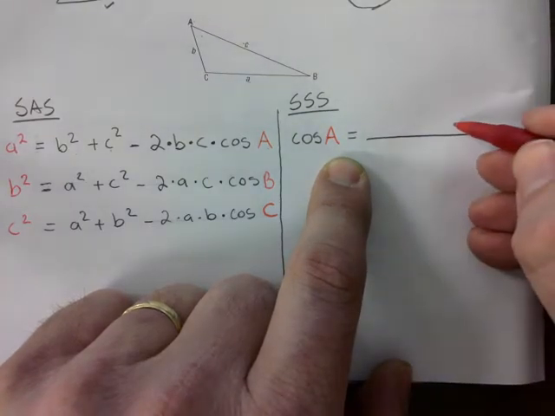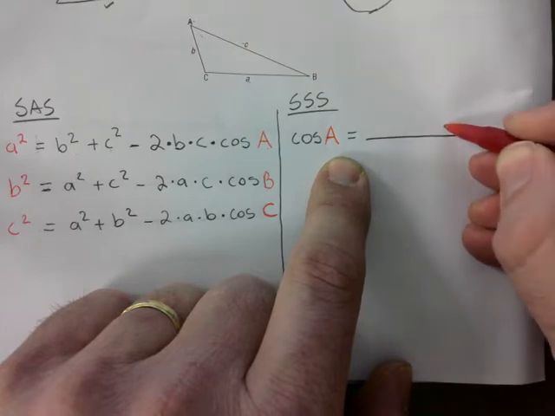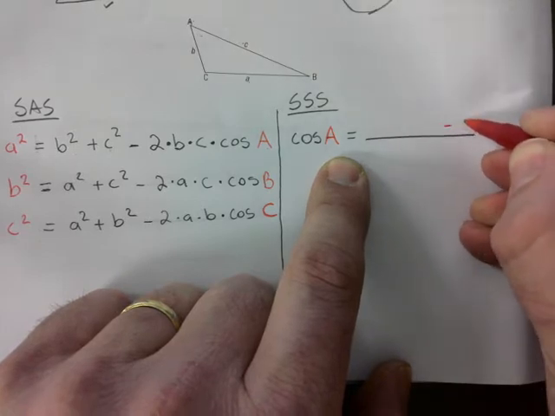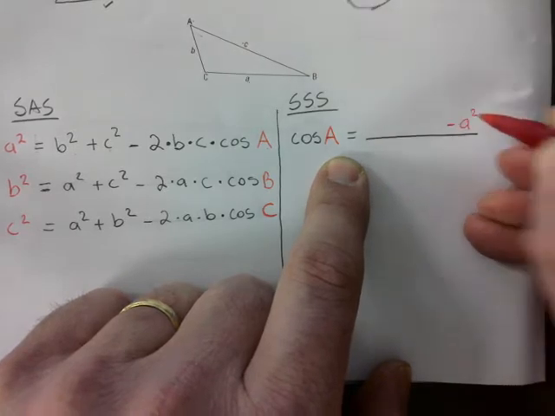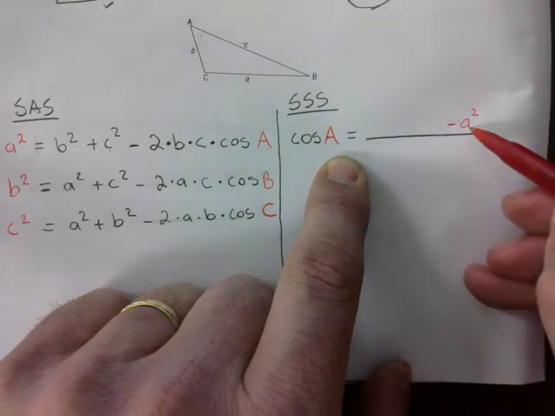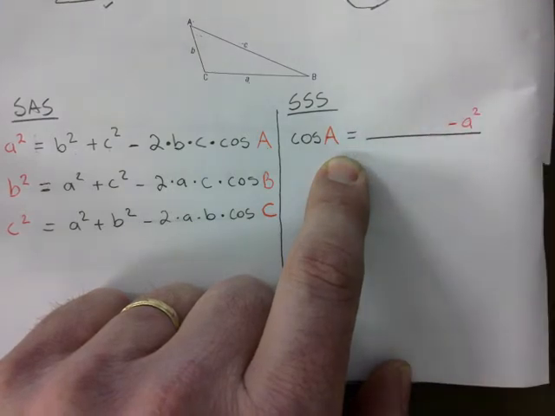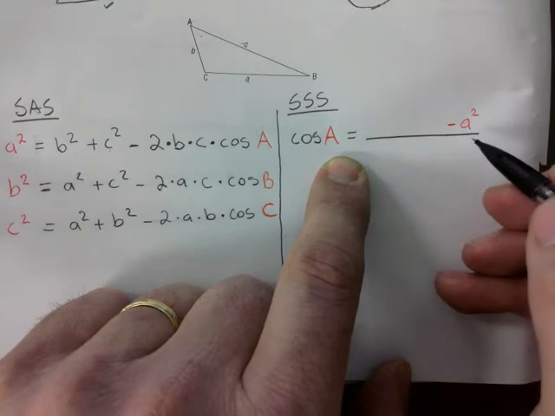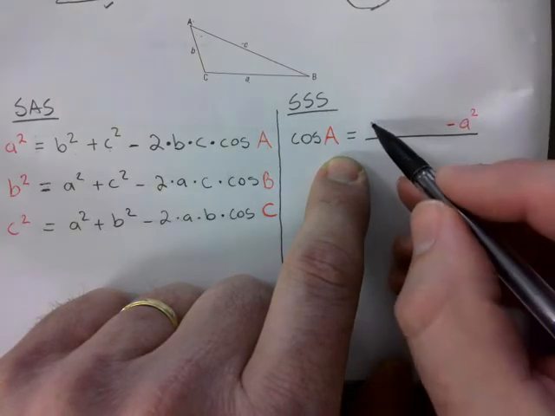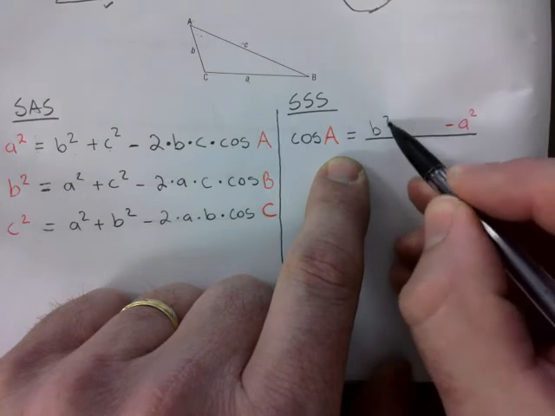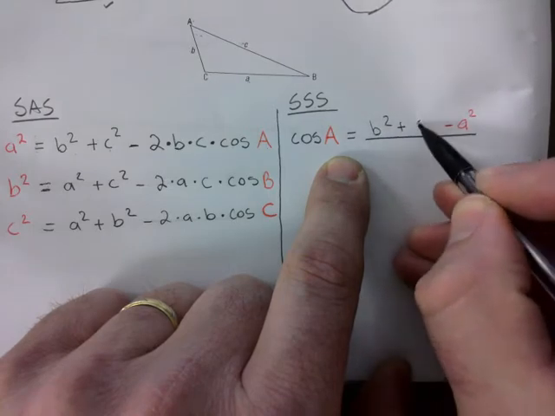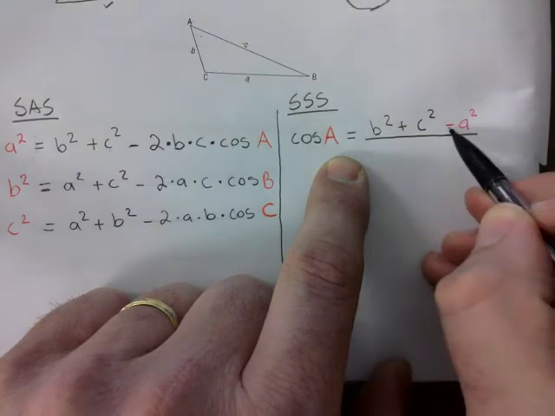And you start like this. At the very end of this line, you're going to put minus A squared. So see again, the angle is across the side. Then I go back to my pencil and I say that it's going to be B squared plus C squared minus A squared.